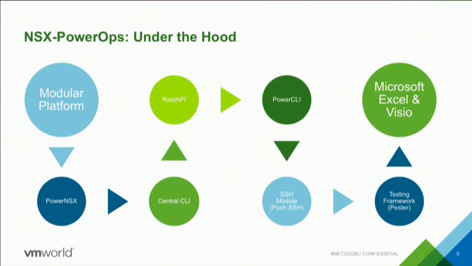So what we're doing as a modular function is bringing all those tools in and putting them under this one umbrella. And the wrapper is going to help you get the information, and it can get information based on PowerNSX, REST API, Central CLI, PowerCLI, you name it, right? So you have a nice wrapper, because as architects and engineers, your responsibility is to give your operations team tools that they can use to run the environment. And if you see a gap, it's very easy for you to contribute and fill that gap.